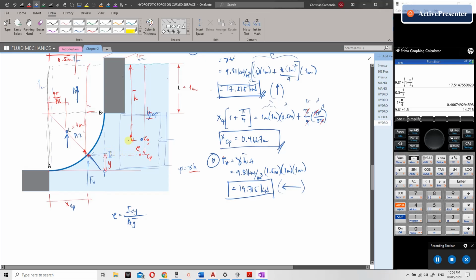But in this case, we use the vertical projection, a vertical plane, so YCP is the same as HCP.